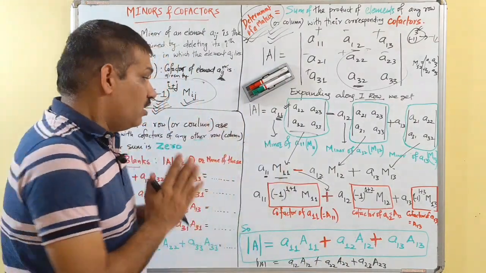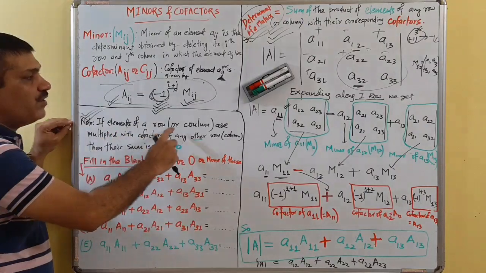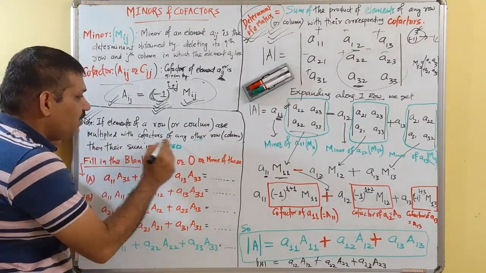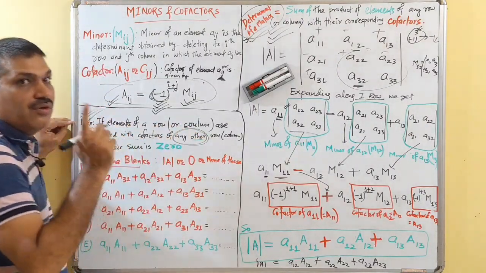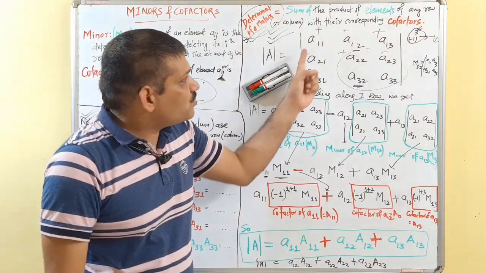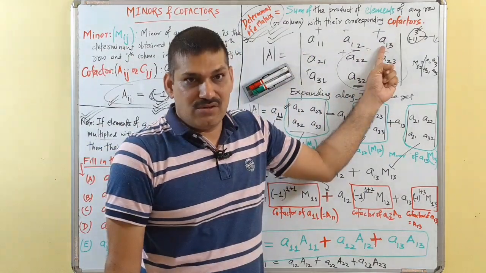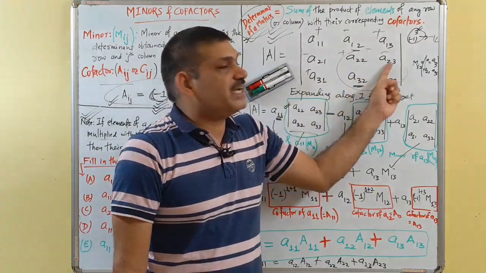That's good. If the elements of a row or column are multiplied with the cofactors of any other row, what does it mean? It means I am choosing the elements from the first row and taking the cofactors of the second row.